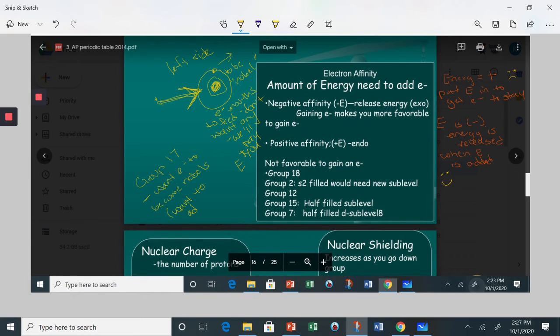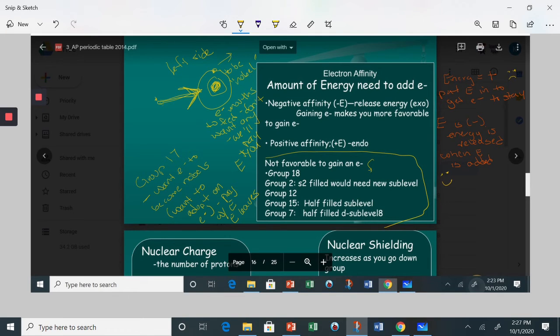You want to adopt a child, you pay money to adopt a child. So they want to adopt an electron, right? So they pay with E. Energy leaves. They're happy to get another electron. So happy, we'll pay you energy. So the energy leaves. Okay, there are these weird trends because this has to do with filling.